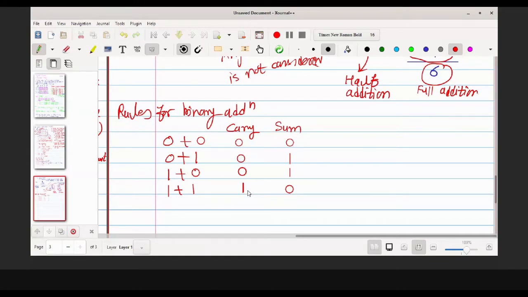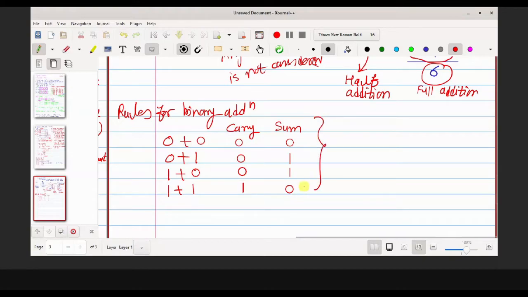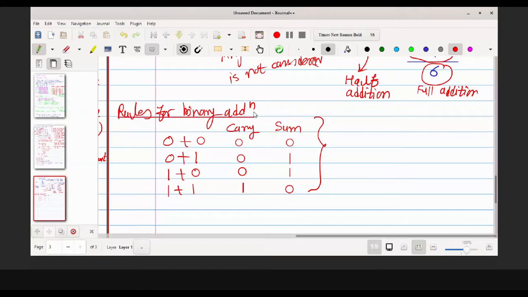Whenever that limit has been reached, and you want to show something more than that, obviously the carry is generated. Here also, in binary the maximum limit is 1. So when you are adding 1 to 1, the maximum limit is reached, and beyond that if you want to represent, obviously the carry will be generated. So this is the result of binary addition, or the rules for binary addition.